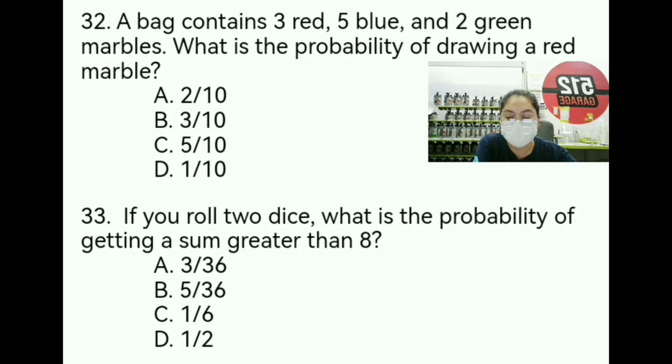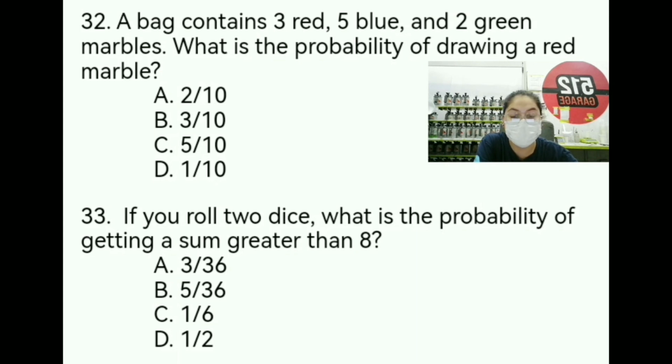For the second step, let's determine the probability of drawing a red marble. Probability is calculated as P equals the number of red marbles over the total number of marbles. The number of red marbles is 3, and the total number of marbles is 10. So 3 over 10.